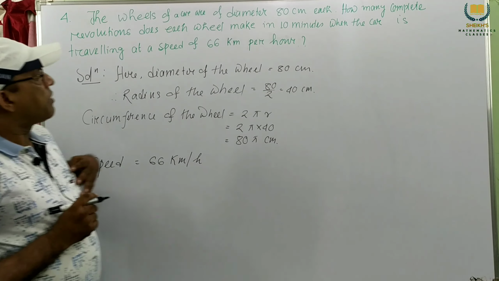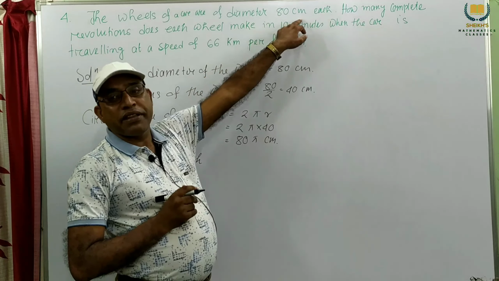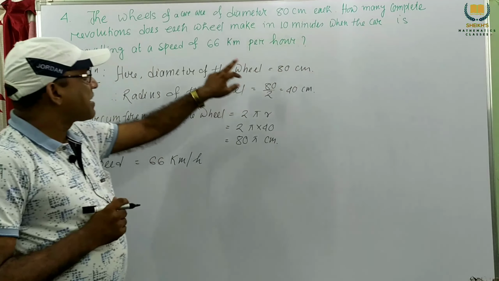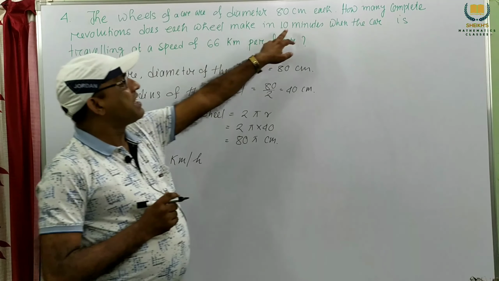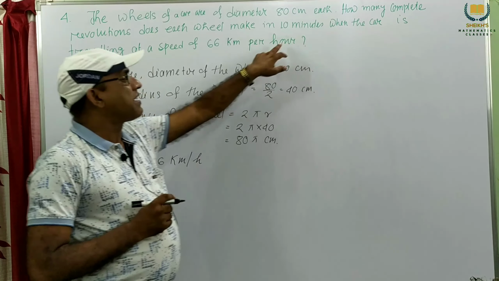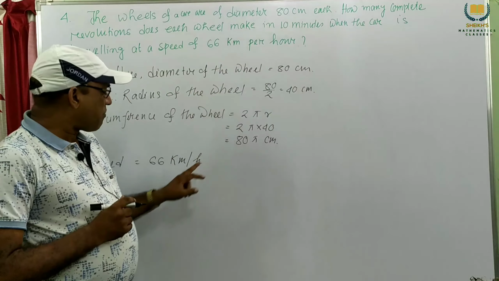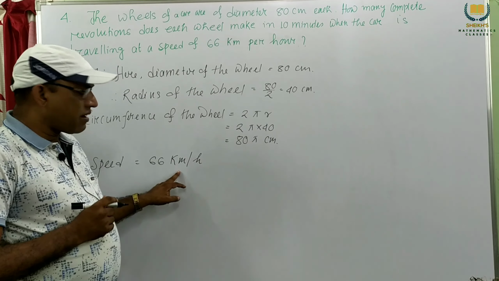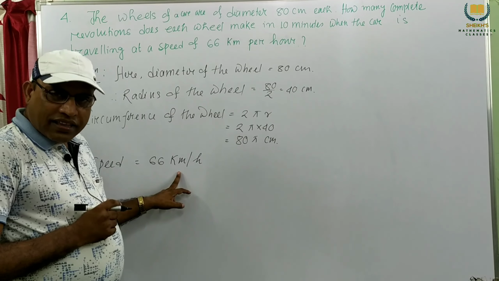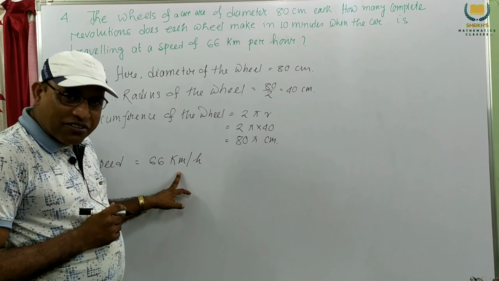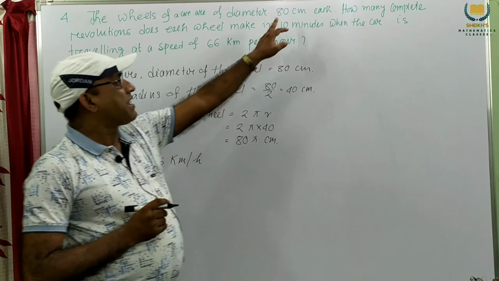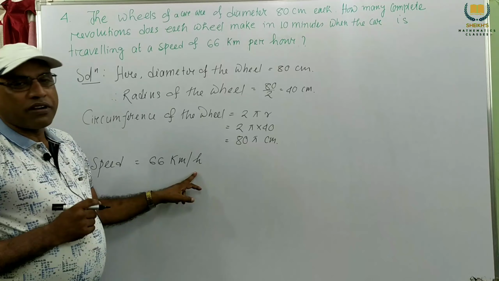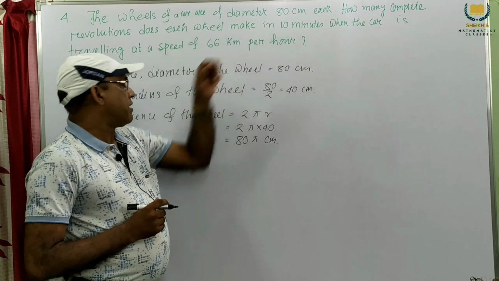But in this problem, here given centimeter, but here kilometer, and here given 10 minutes, but here given hour. So we convert this kilometer to centimeter, and hour to minute, because here minute is given.